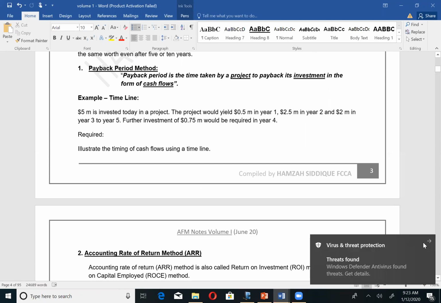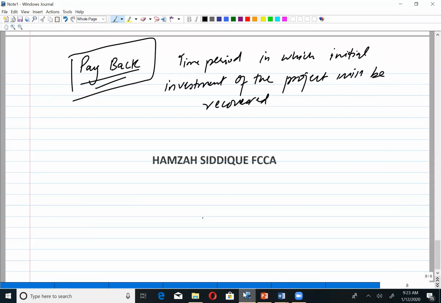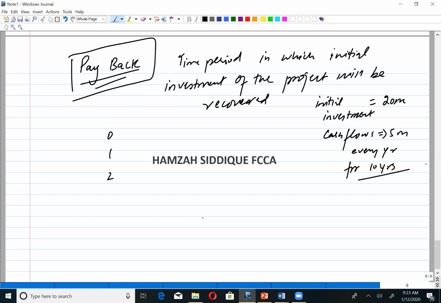For example, a project requires an initial investment of 20 million, and the project will yield cash flows of 5 million every year for a 10-year period.